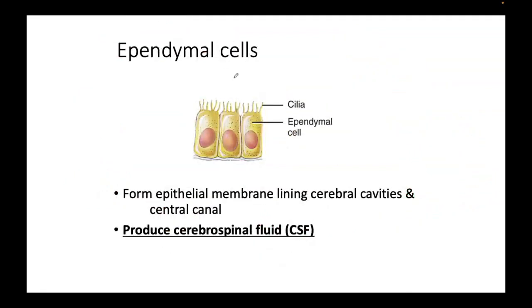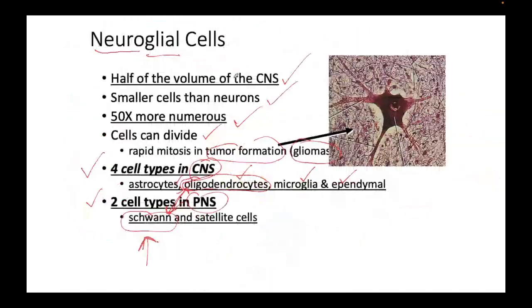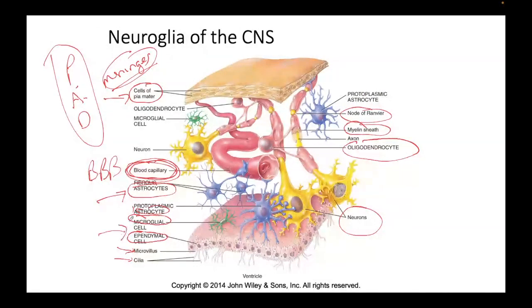Ependymal cells, which we saw here in this picture, these ependymal cells line the ventricles, and there are four ventricles within the brain. Two of them are called lateral ventricles.